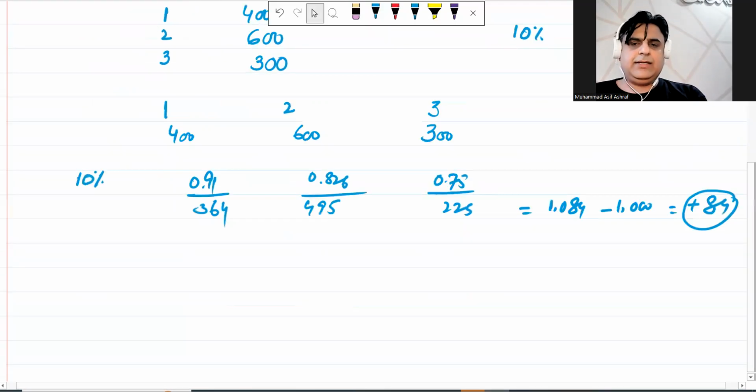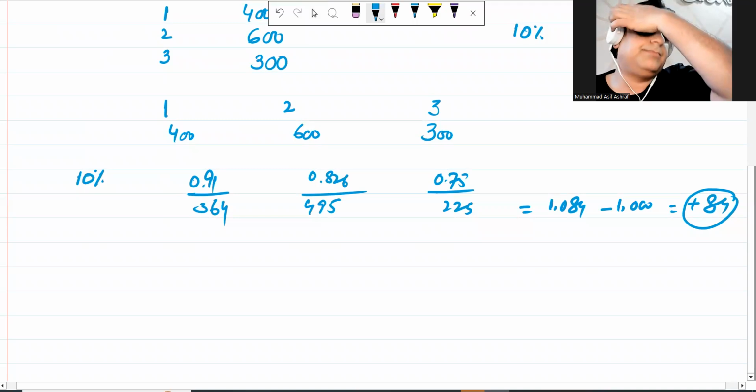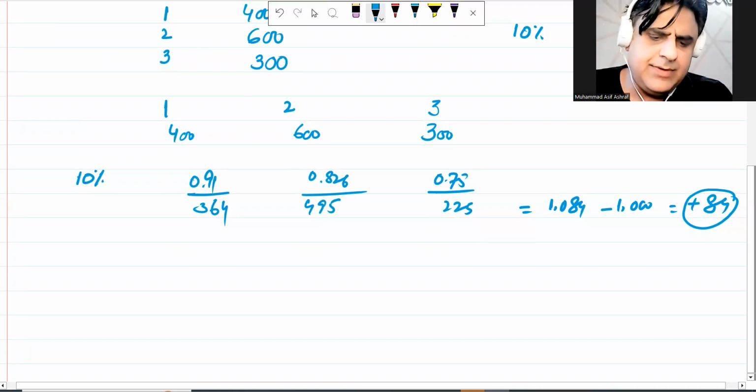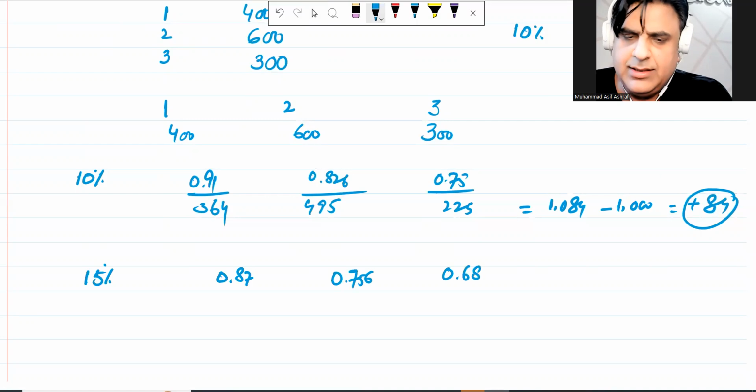So we have to increase the interest rate, sorry, discount rate. Whatever rate you pick, let's say it is 15%. At 15%, the discount factors are given to you in the exam: 0.87, 0.756, 0.658. It is the basic level, I'm not going into too much detail over here for this topic.